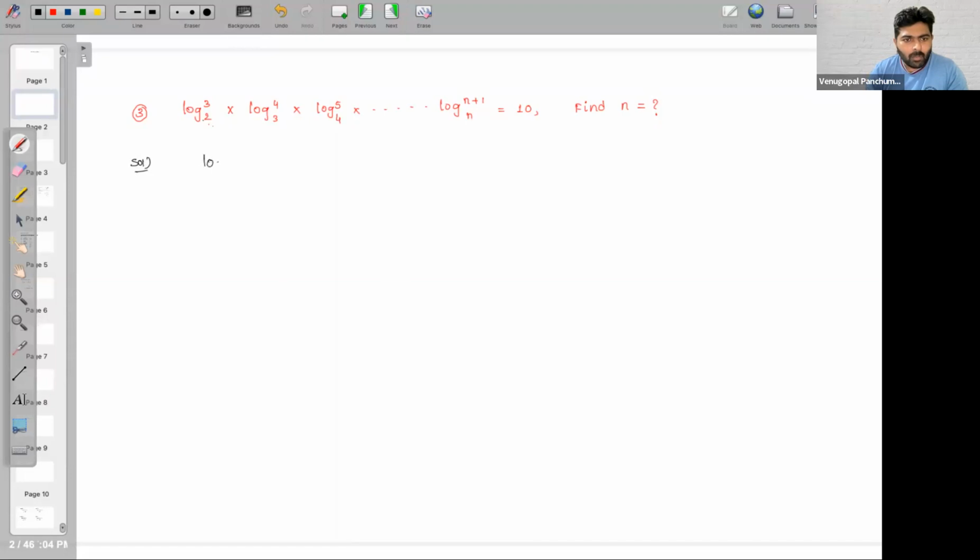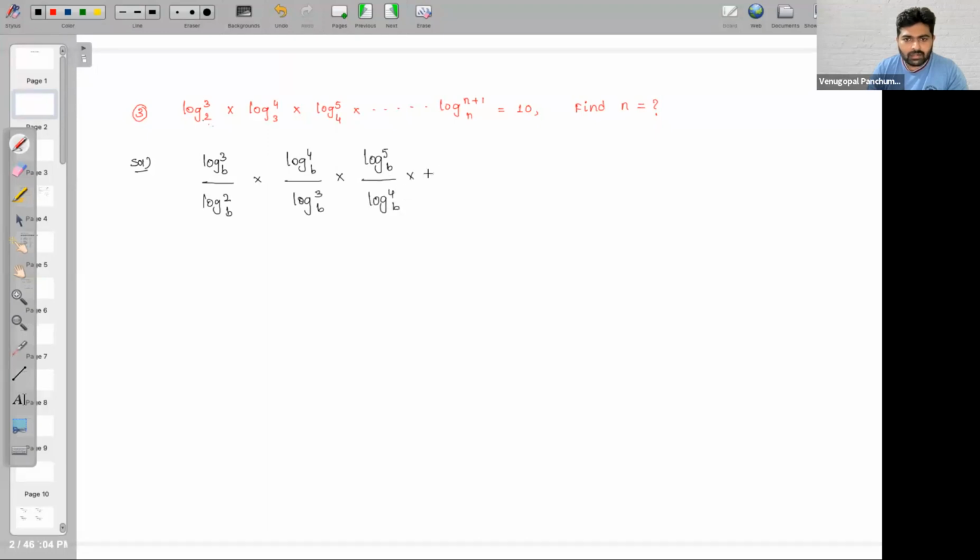You can take any common base, no problem. Let's say log 3 with some base b. Any positive number you can take as the base, no problem. Divided by log 2 base b, into, now see here friends, log 4 base b divided by log 3 base b, into log 5 base b divided by log 4 base b.